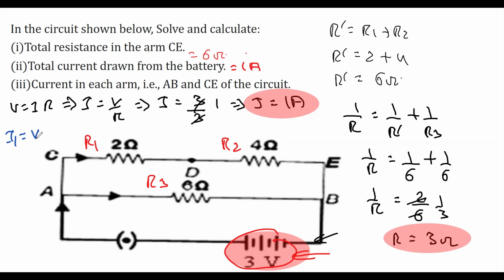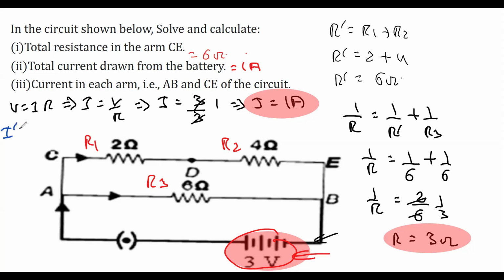I1 should be V over R1. So I1 is equal to V, which is 3 volt, as you can see from here, and R1. What is R1? There can be confusion with R1, so let's see. It's the current across CE. What should I use?